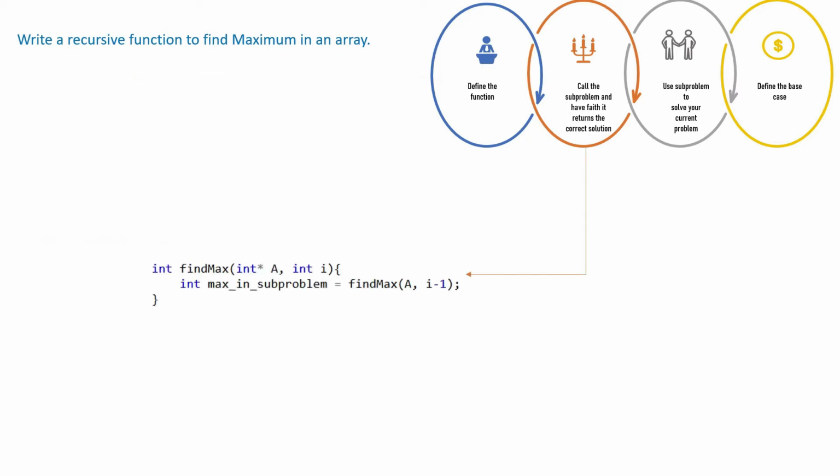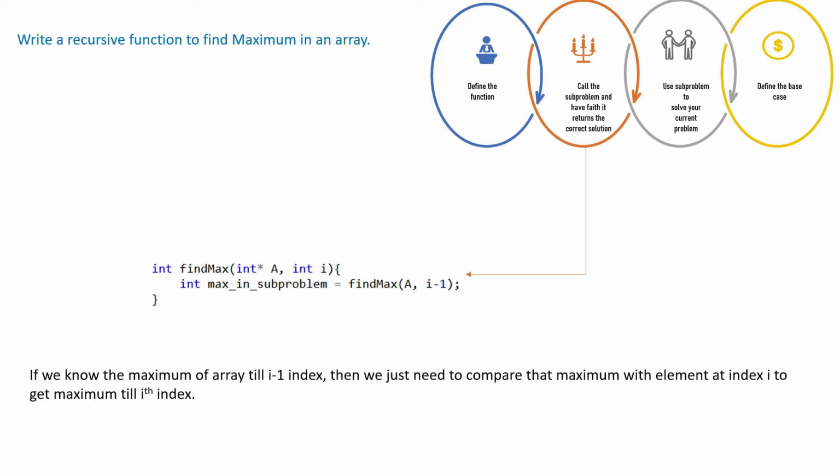Now in the second step, we call the subproblem, and have faith that it returns the correct solution. A subproblem is the same problem that works on a smaller set of input. Suppose we know the maximum of the array till index I-1.